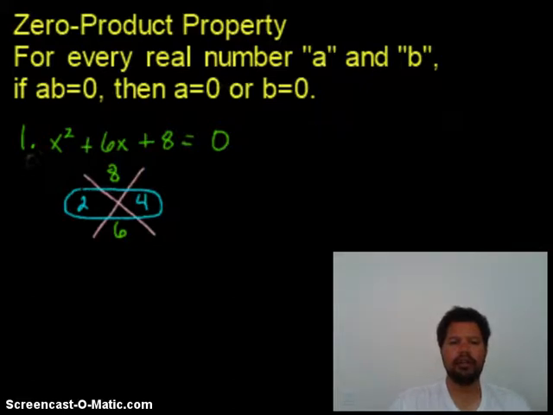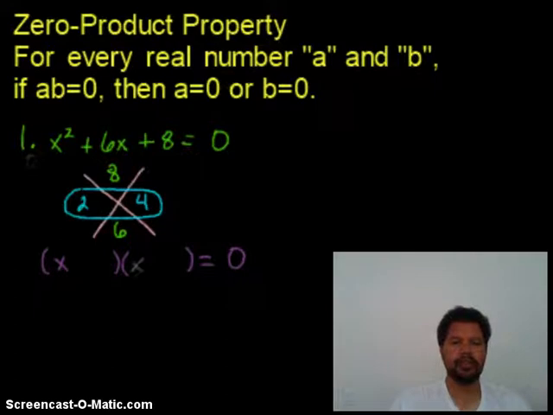We use those factors as the terms in our binomials. So we end up with our two binomials right here, because we're separating it into a product. So we're going to say x and x.